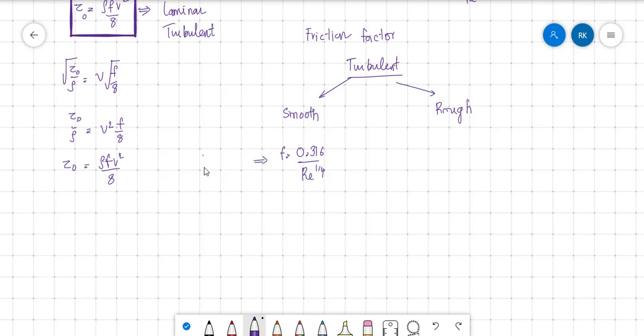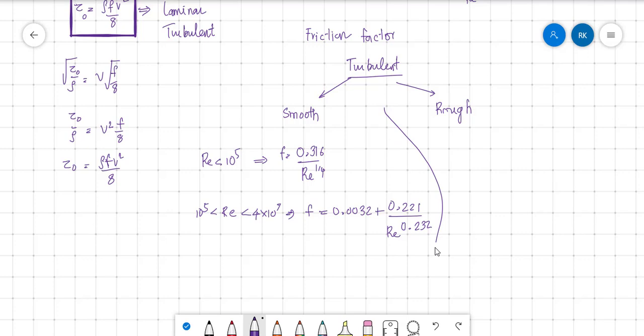This is to be used when Reynolds number is less than 10 power 5. If Reynolds number is greater than 10 power 5 and less than 4 into 10 power 7, we use f is equal to 0.0032 plus 0.221 divided by Reynolds number power 0.232. Remember all these relations.